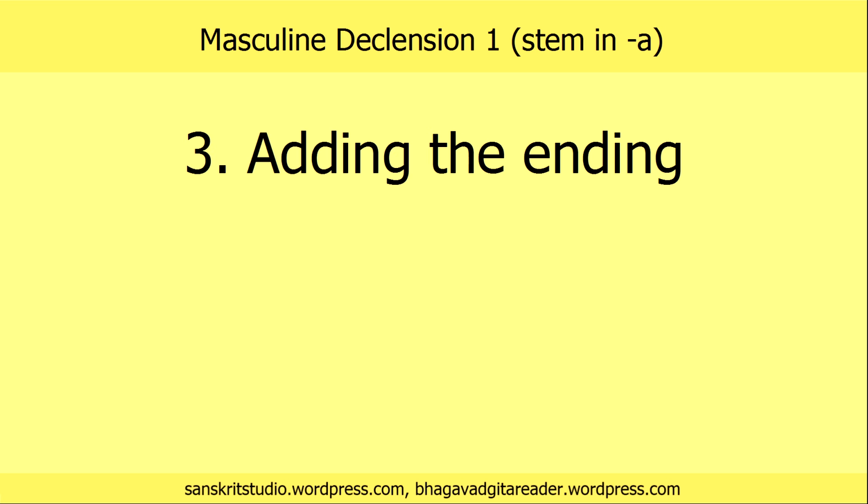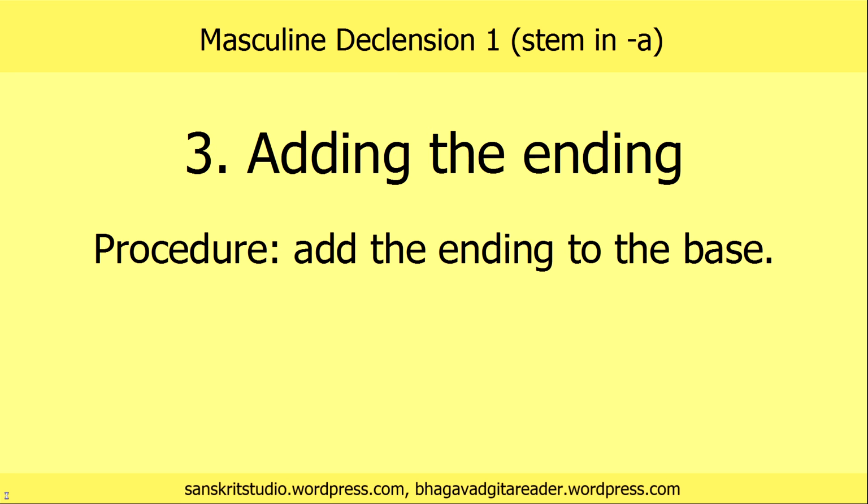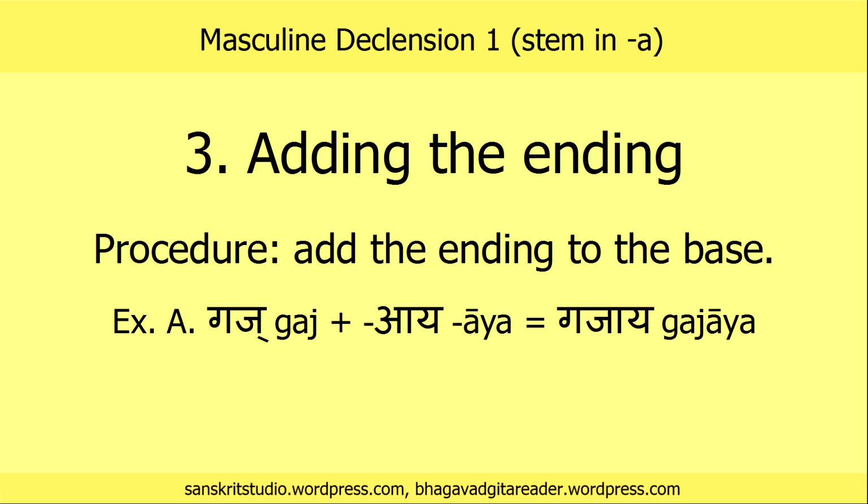Now let's add the ending. The procedure is simple. Again, we add the selected ending to the base. So if we, for example, want a dative singular ending, like here in A, then we will get gajaya as the added form.